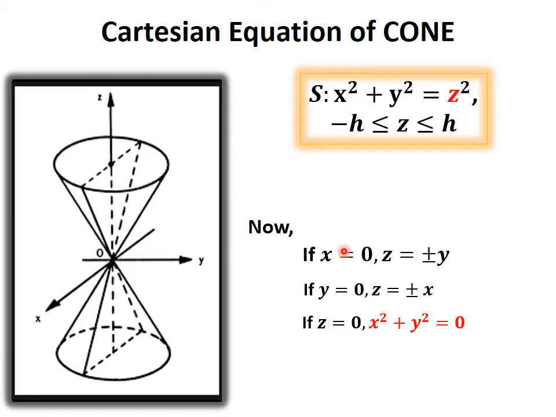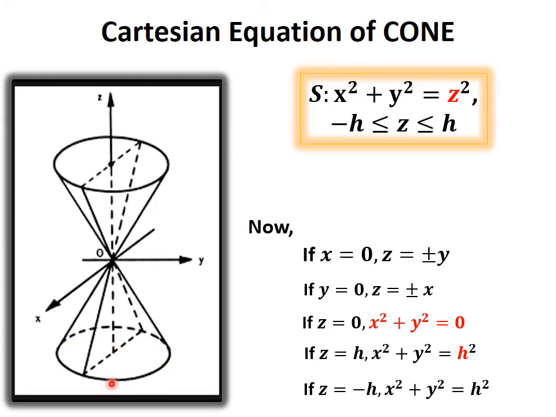circle. What happens if I vary my z to h? If my z is h, I am getting the equation x square plus y square equal to h square, which represents the circle with the center as 0, 0 and radius h units. What happens when z equal to minus h?